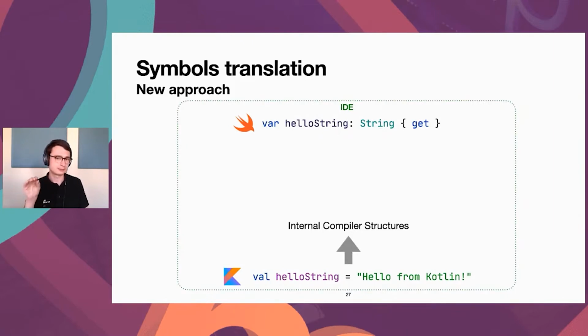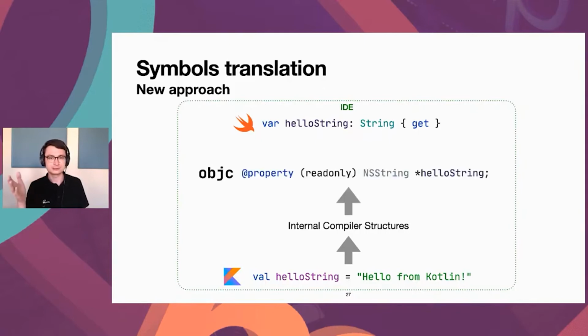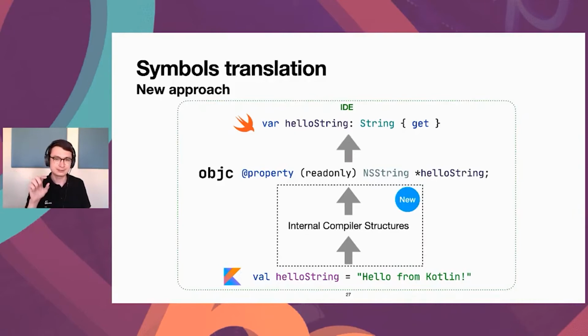From those internal compiler structures, you generate an Objective-C symbol, and then you generate a Swift symbol. Instead of going like this before, you go directly from the Kotlin symbol into Objective-C and Swift symbols. That is possible because we introduced these internal structures in the new version of the plugin.